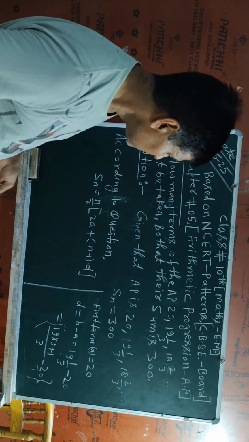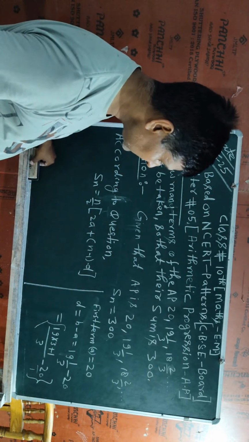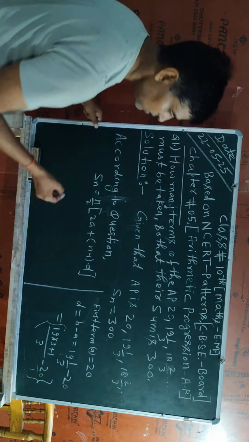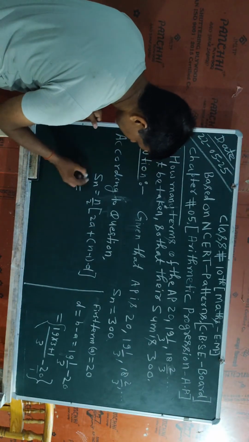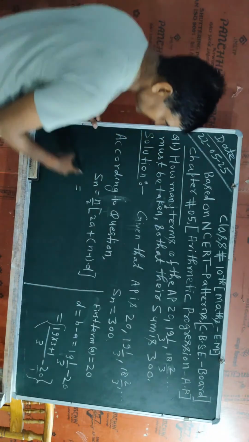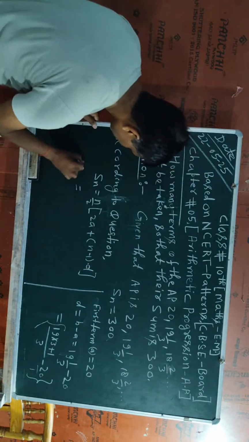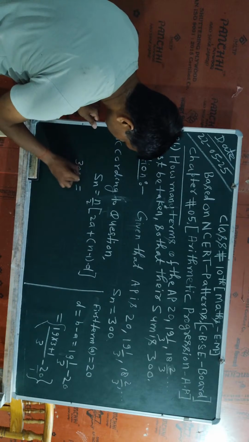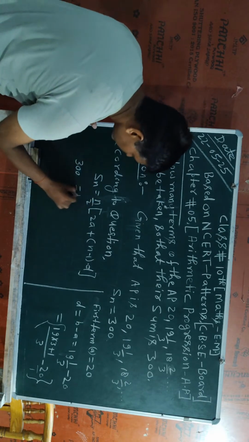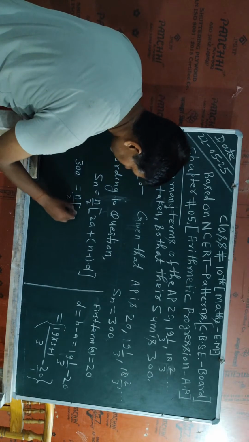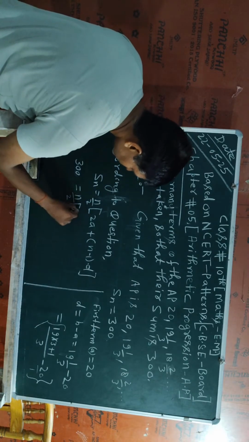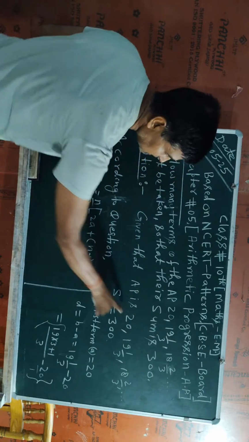Okay, students. Now, the value of S(n) is given here as 300. So here I have to put 300. Now the value of n we have to calculate. So we have to put here n divided by 2, and the value of a here is 20.